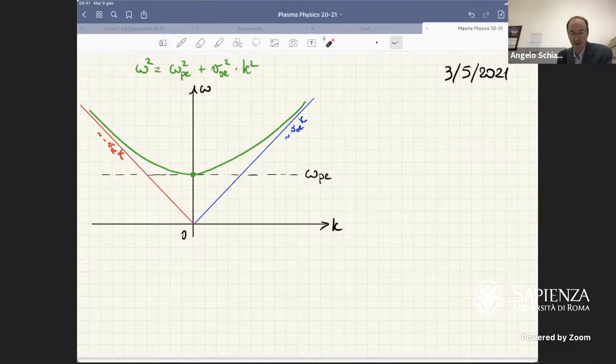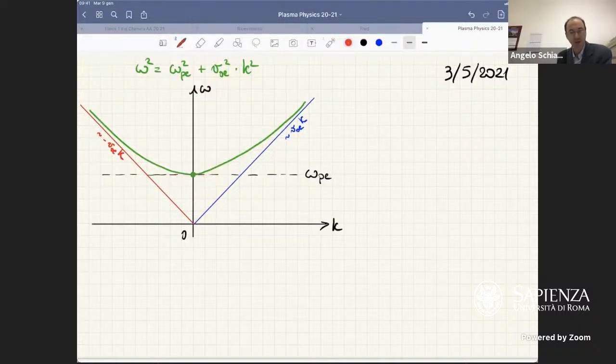Whereas when we go to very long wavelengths or very small k numbers, so when k goes to 0, the dispersion relation departs from the straight line. Actually, omega is not going to 0, it's going to the plasma frequency. What goes to 0 is the slope of the dispersion curve.